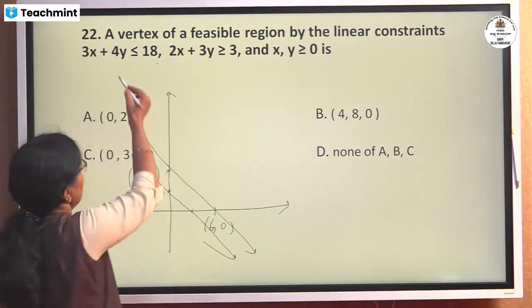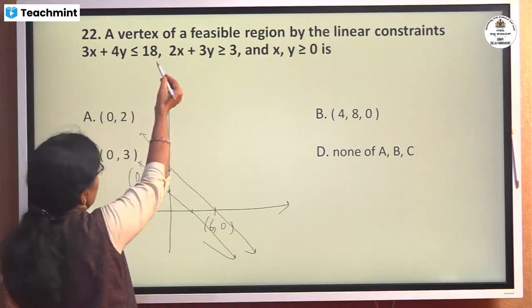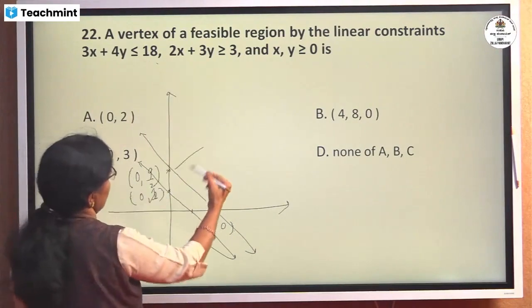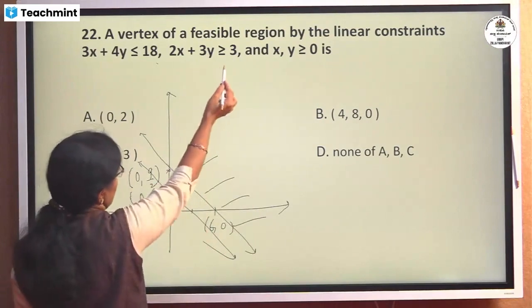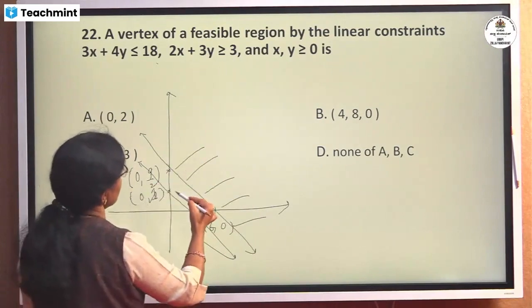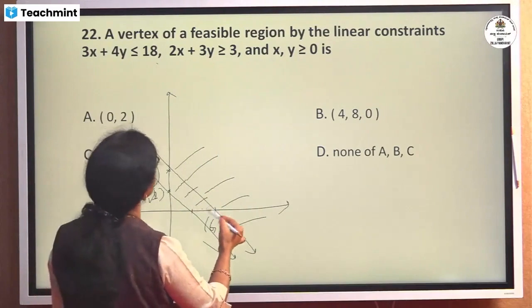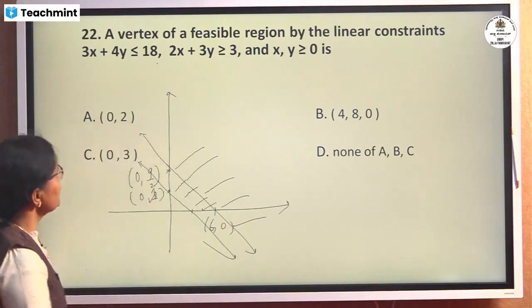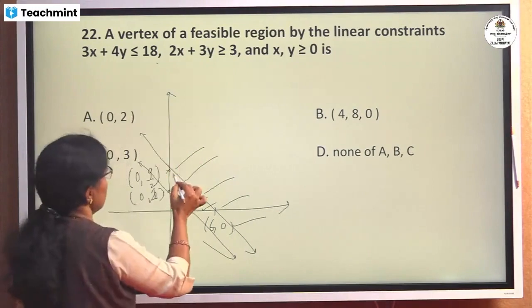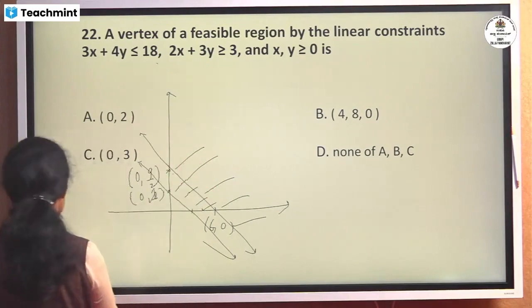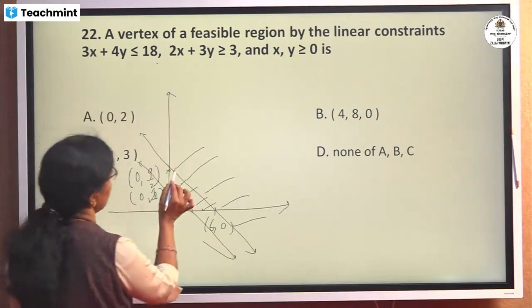So 0 is less than 18 is correct, therefore the solution is on the side with the origin. 0 is greater than 3 is wrong. Therefore, this is without origin. 0 is greater than 3, that's also wrong. 0 is less than 80 is correct. So this one is wrong that I marked.